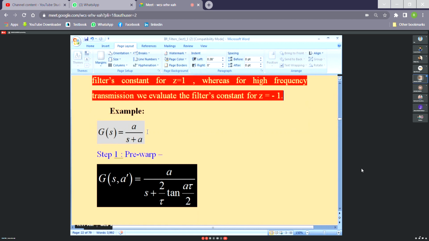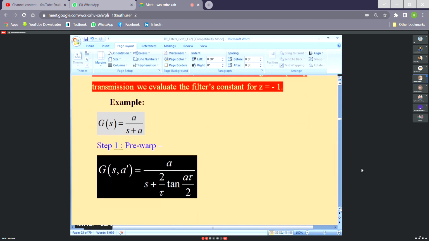The numerator does not contain S, so there is no question of converting A to A prime, simply terms involving S. So that is done. Remember that G(s), the expression that is given, is a first order analog low pass filter. So the DC gain of this filter is to be preserved.